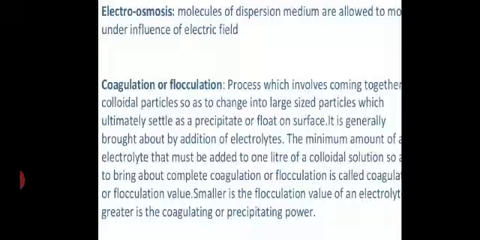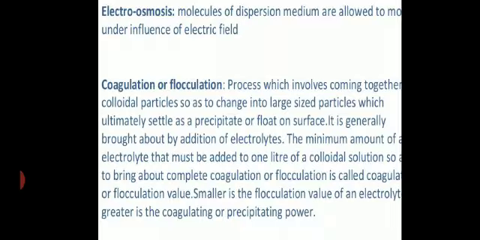In terms of moles, here in millimoles, because a very small amount of electrolyte is added to 1 liter of the colloidal solution. The smaller the coagulation value, the greater is the coagulating power or precipitating power.